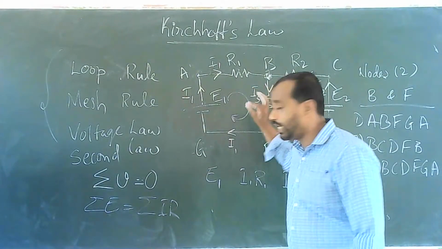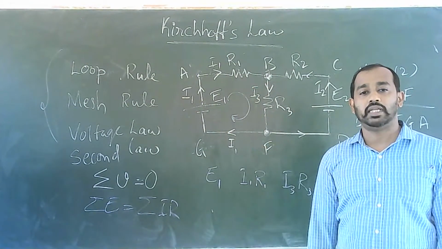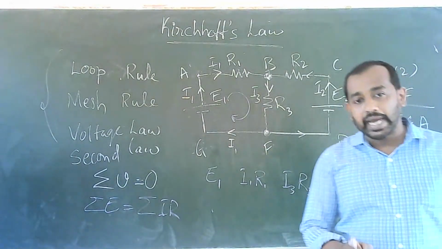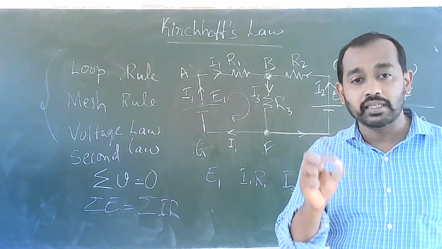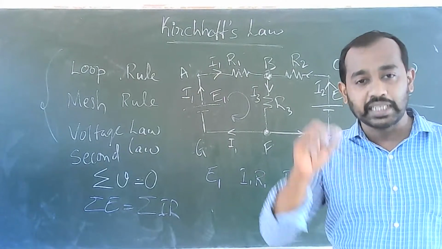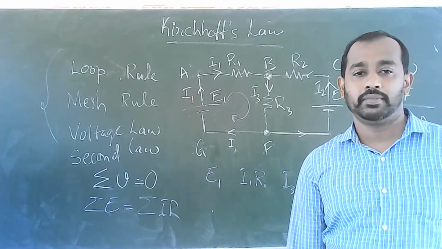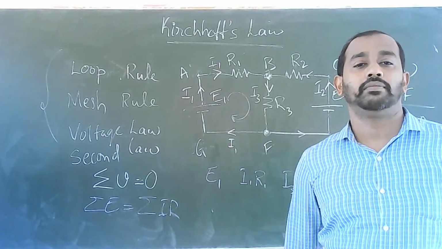That is, in clockwise direction we are moving. It should be represented here, the clockwise direction. Now we consider, in the direction in which we are moving, whether energy is increasing or decreasing. If energy is increasing, then we take it as positive. If energy is decreasing, then we take it as negative.